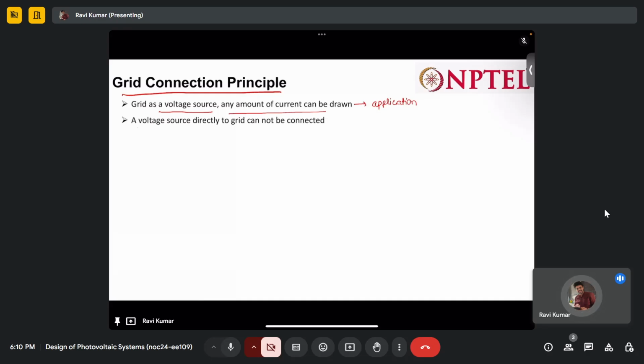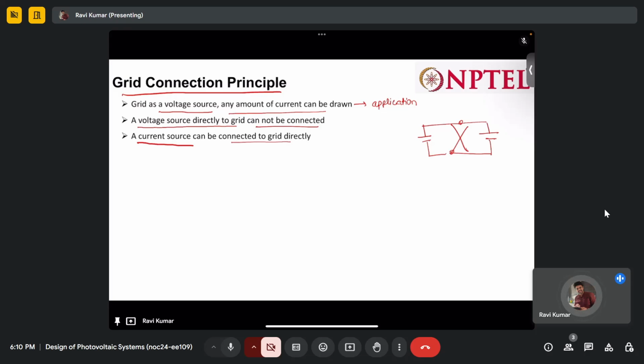That's why a voltage source cannot be connected directly to the grid, because you cannot connect two voltage sources directly. So how can we feed the power to the grid then? We understand that a current source can be connected to the grid directly.